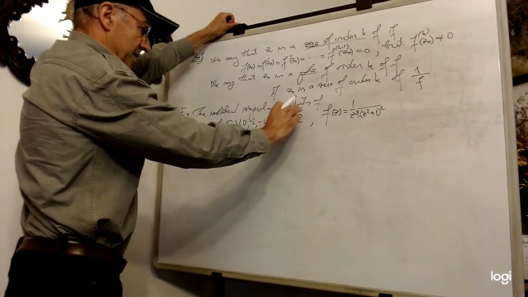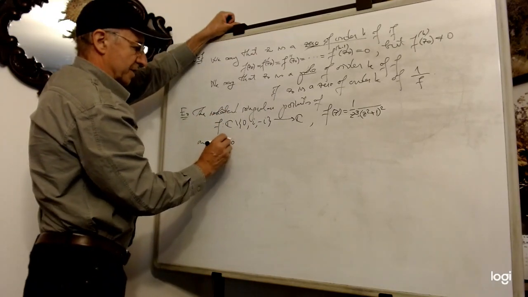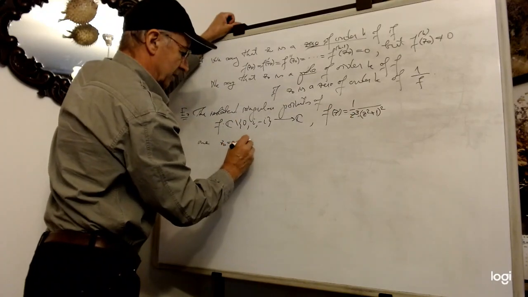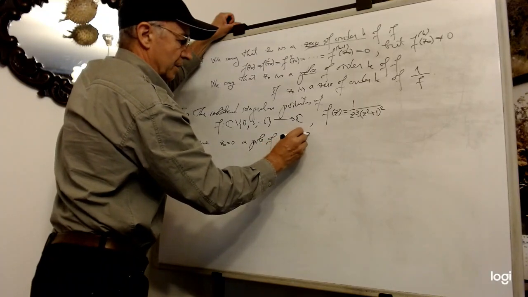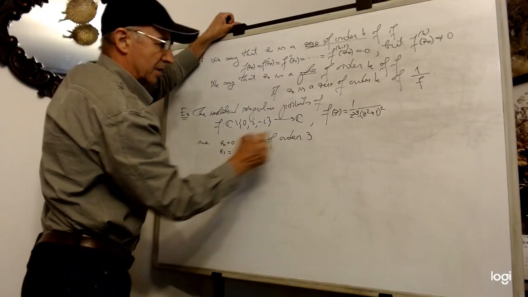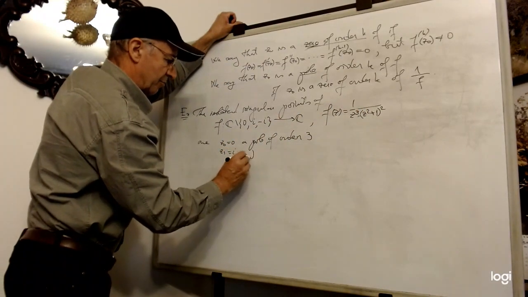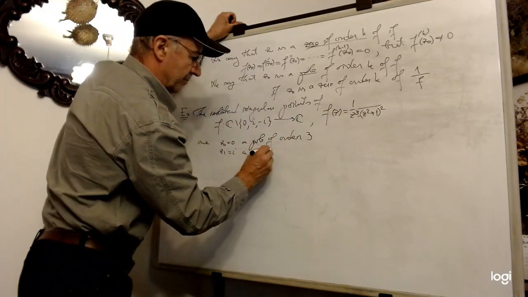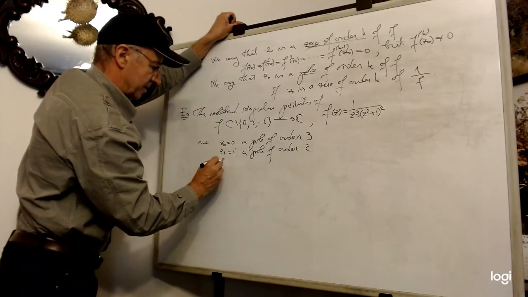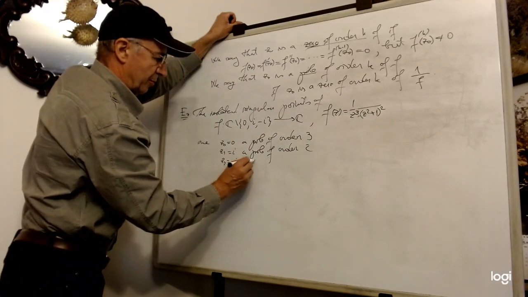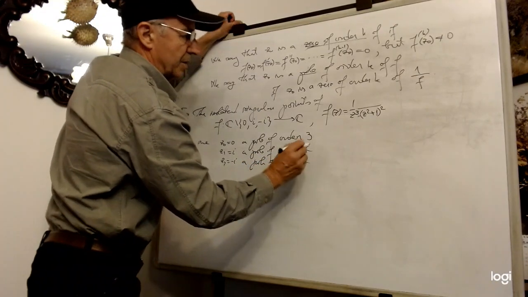The isolated singular points are z0 equals 0, a pole of order 3; z1 equals I, a pole of order 2; and z2 equals minus I, also a pole of order 2.